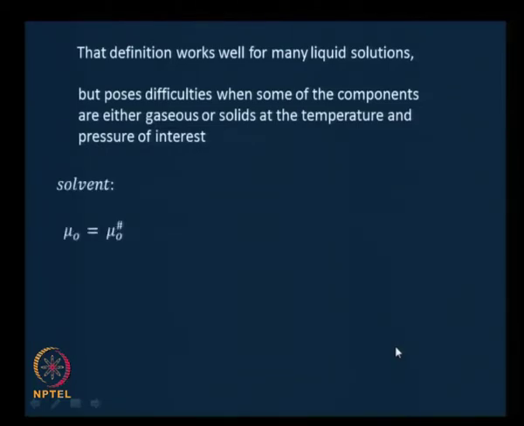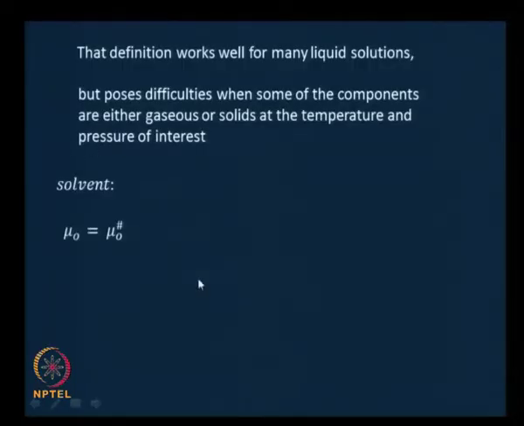This works well for many liquid solutions, except if the component is of different phases at different mole fractions. For example, at a low mole fraction it could be a liquid in the solution, but at a high mole fraction or as a pure substance it is actually a solid, maybe glucose, or it could be a gas as in oxygen.